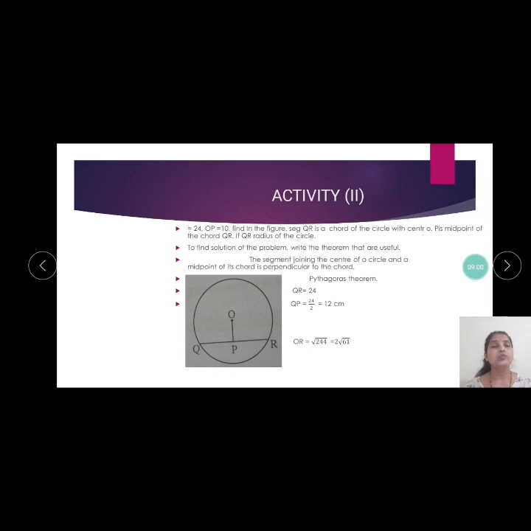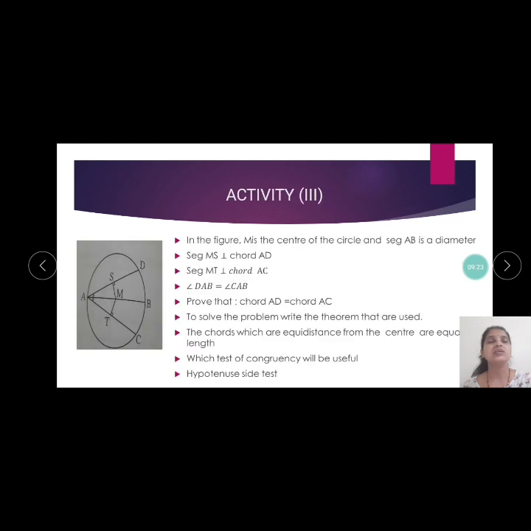Which properties have we used over here? The first property is that a line joining the center of the circle and the midpoint of the chord is perpendicular to the chord. The second one is Pythagoras theorem. Next is the third property, where we have to prove that the two chords are congruent. Now in the figure, what is given to us?